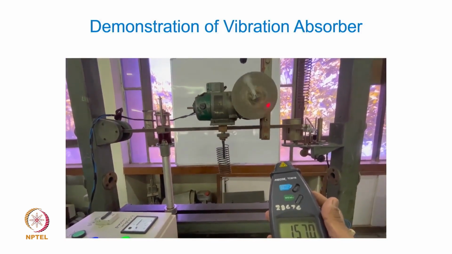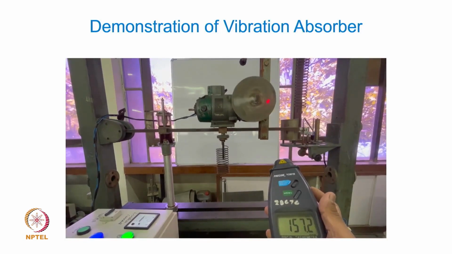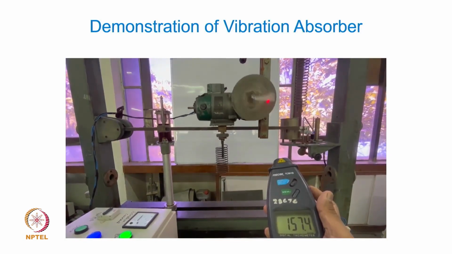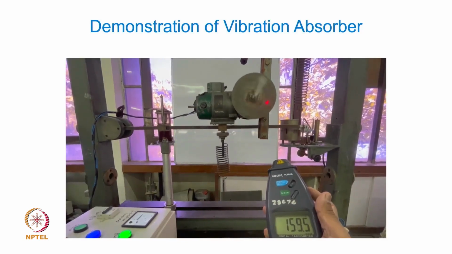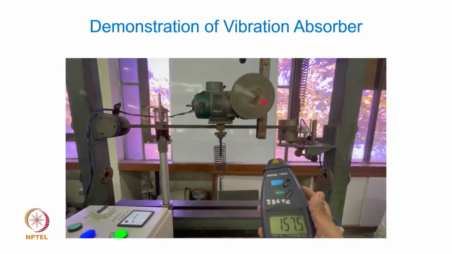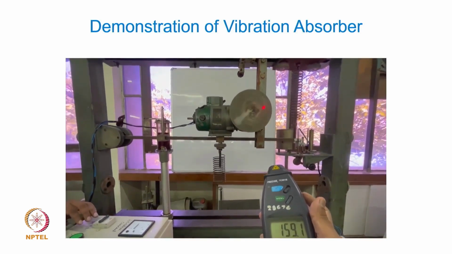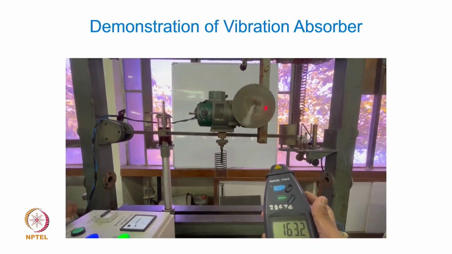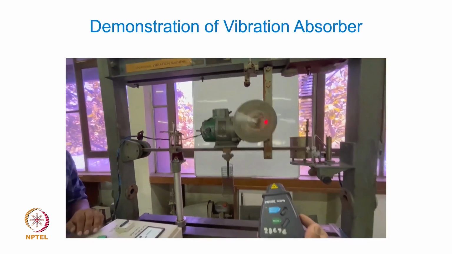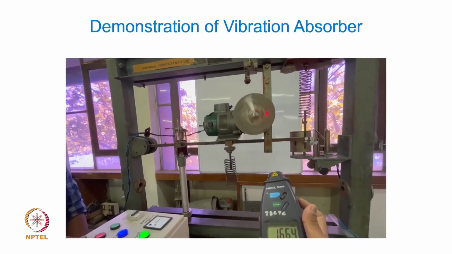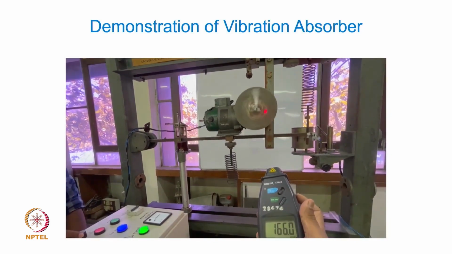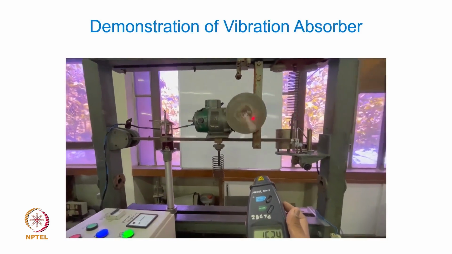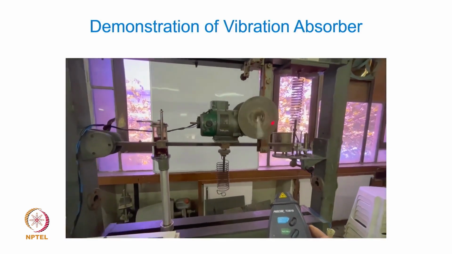So I am going to bring the speed again between 160 to 165 or so, so that you can visually see large amplitudes, and the spring is already attached here. The only thing that is missing is the mass. Now we actually did calculations that if this 160 rpm, which is close to 2.7 hertz or so, and the spring stiffness was measured, and for that spring stiffness what should be the mass to be attached, the mass turned out to be close to 580 or so grams, and then that mass was attached to the spring.